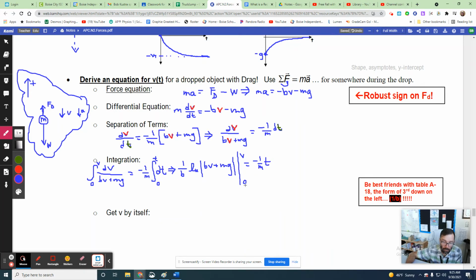When you plug in 0 for t, it's a 0, and when you plug in t for the t, you're just left with this. The 0 term cancels out.